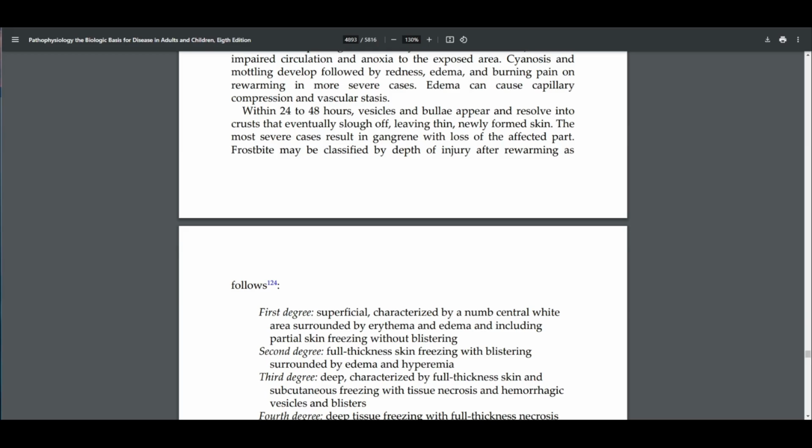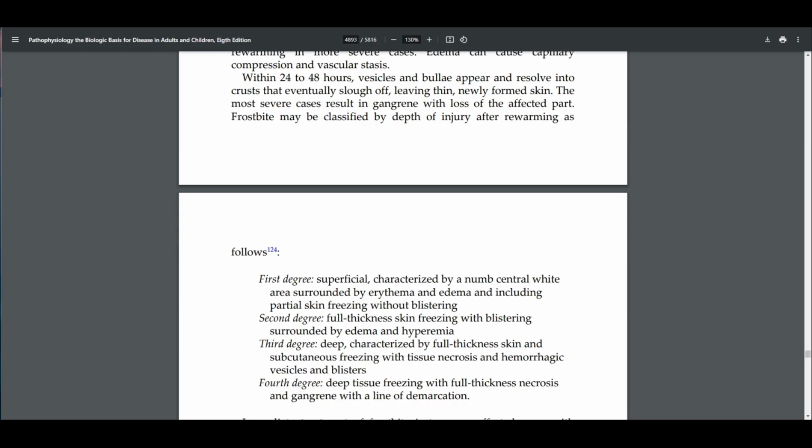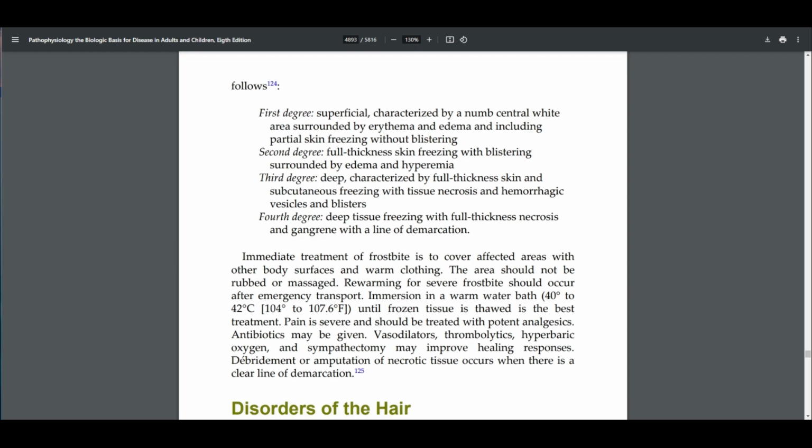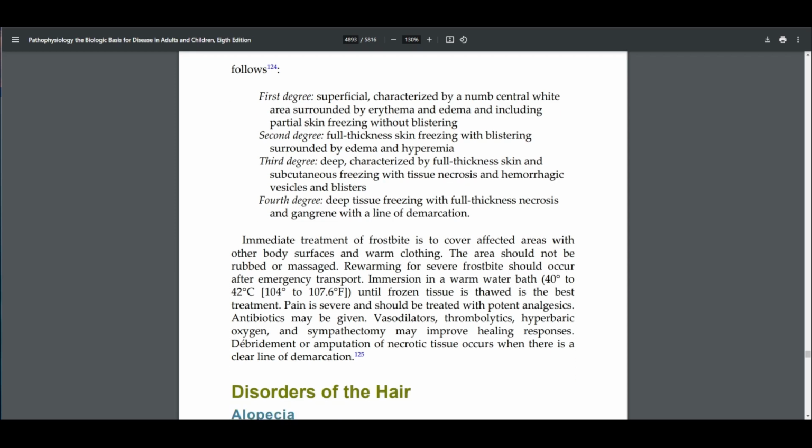Frostbite may be classified by depth of injury after rewarming as follows. First degree, superficial, characterized by a numb central white area surrounded by erythema and edema, and including partial skin freezing without blistering. Second degree, full thickness skin freezing with blistering surrounded by edema and hyperemia.